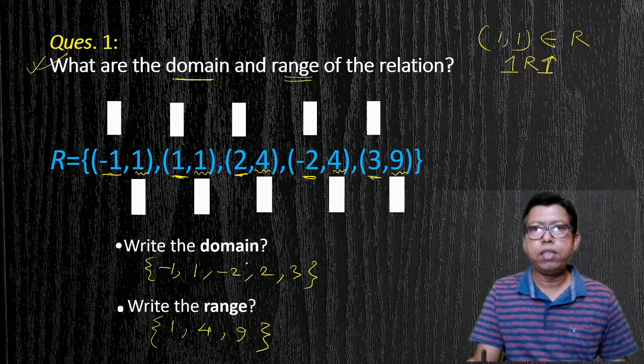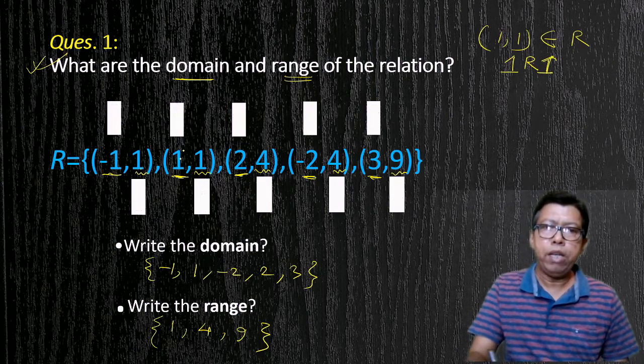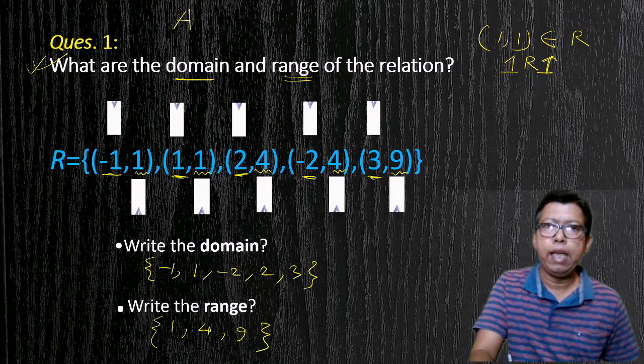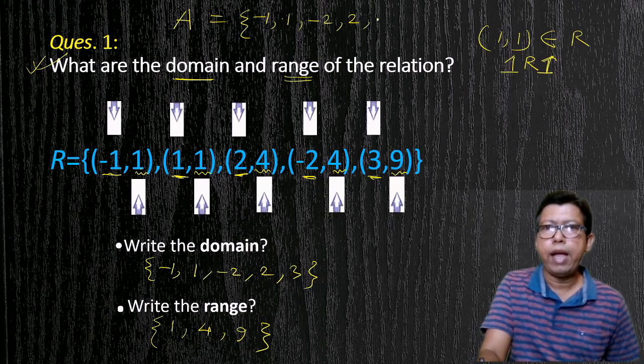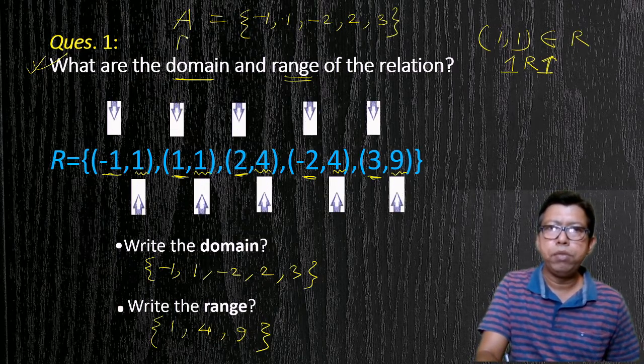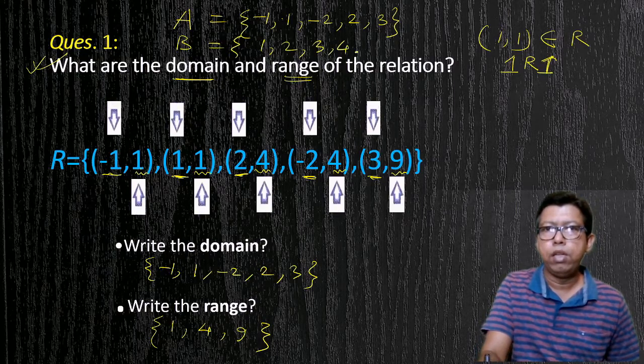Now, how to get the codomain? Consider a set, say capital A, which contains the elements minus 1, plus 1, minus 2, plus 2 and 3, and another set B which contains the elements, say, 1, 2, 3, 4, 9.